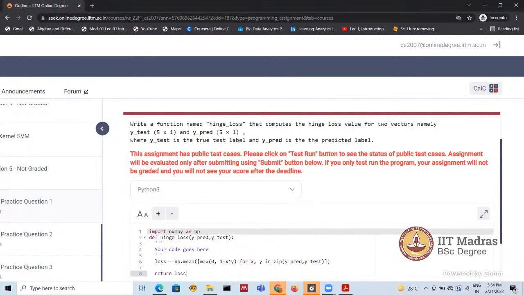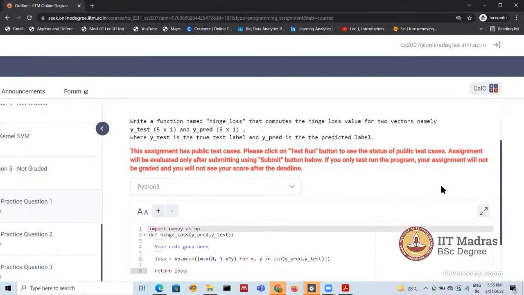The function is defined, and your NumPy package is already imported as prefix code so that you don't have to import it. For every element x and y, we are considering the maximum of 0, 1 minus x into y. Since we have 5 samples, we take the mean of those 5 as our loss value.